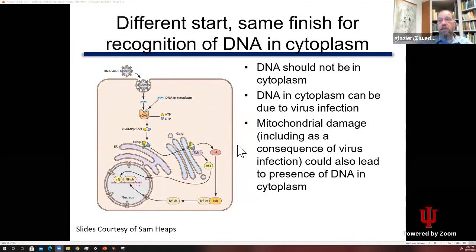There are other places that these things can happen when the virus starts producing its proteins and assembling. It uses the endoplasmic reticulum and the Golgi apparatus. And the Golgi apparatus and the endoplasmic reticulum have their own signaling mechanisms to know when there's something wrong. And so they can also signal for these problems.